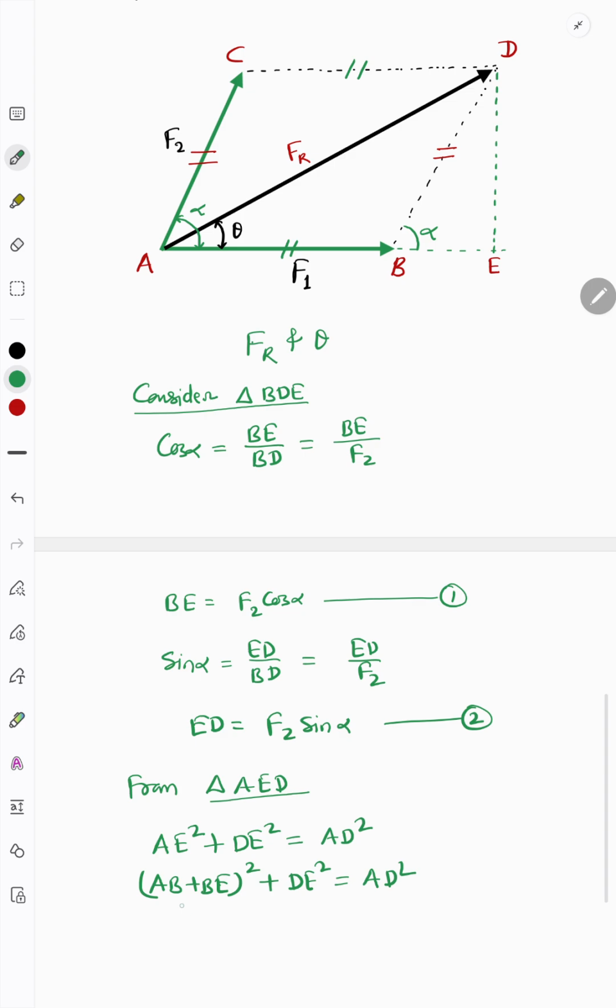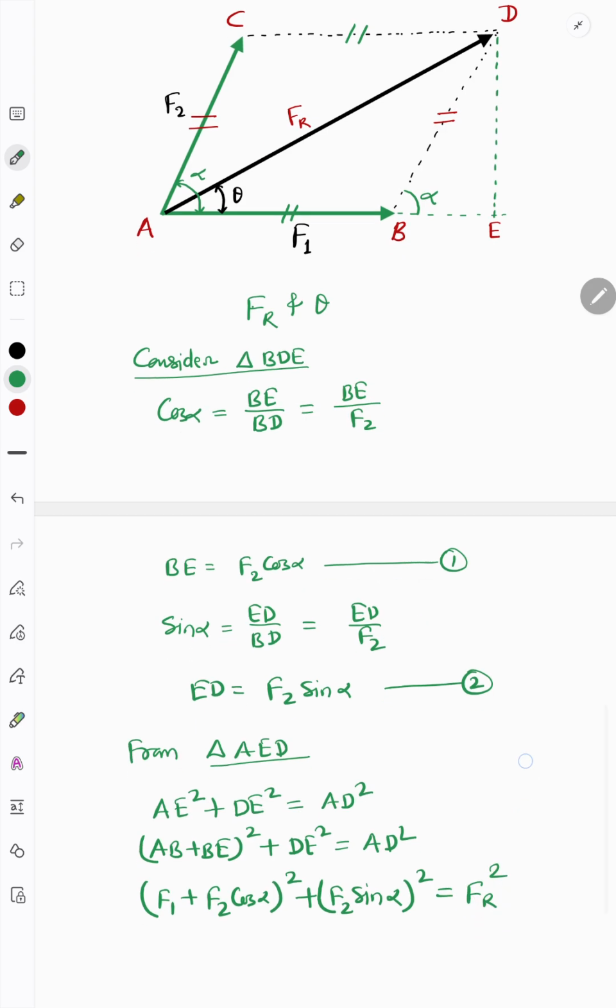Again, by seeing this figure, AB is given as F1, plus BE, which is F2 cos alpha. So here you can write (F1 plus F2 cos alpha) square plus DE, which is F2 sin alpha, square, is equal to AD. AD is the diagonal line, so directly we can write it as FR, which we have given in the diagram.